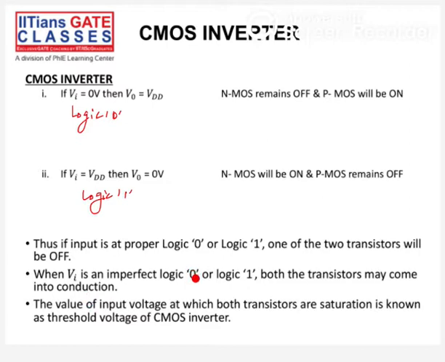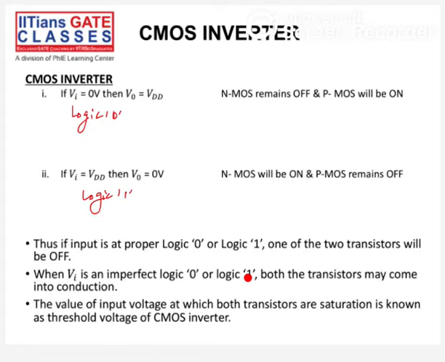If Vi is not at these two levels exactly, what are the ranges in which both transistors will be switched on, that we will understand from the graph in the next slides. But if it is at logic 0 or logic 1, definitely one of the transistors will be off and one will be switched on.